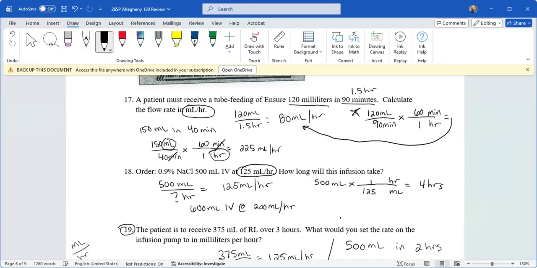How much time will it take for that to run if it's running at 200 milliliters per hour? I'm making some of these intentionally easy, but if you ever get stuck, this is how you would solve it using dimensional analysis.